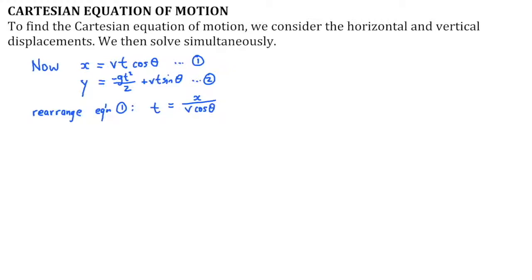So I just divided by v cos theta on both sides. Now I'm going to substitute t equals x over v cos theta into y is equal to minus g t squared on 2 plus v t sine theta. So everywhere I see a t, I can put something in its place.